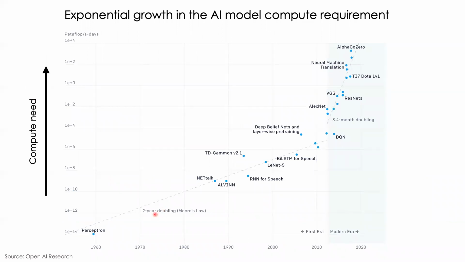So in this chart, on the x-axis, you have time since 1955, 1960, the creation of the perceptron, essentially the simplest neural network that we could think about, to today in the modern era, where there has been an exponential rise in the capabilities of the networks, but that has also directly resulted from the need for compute.